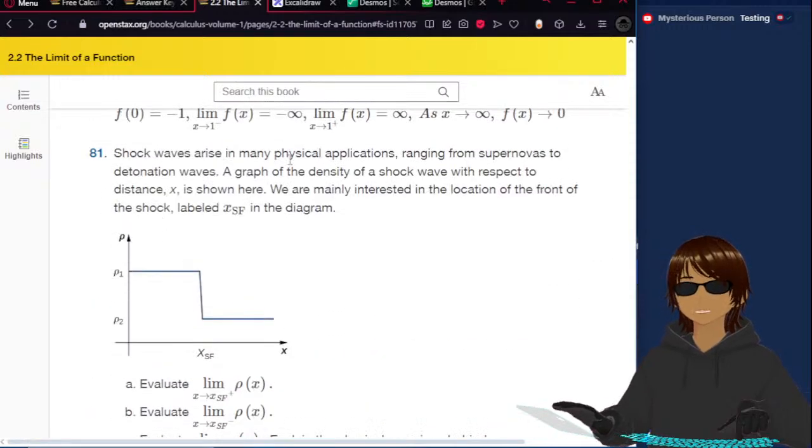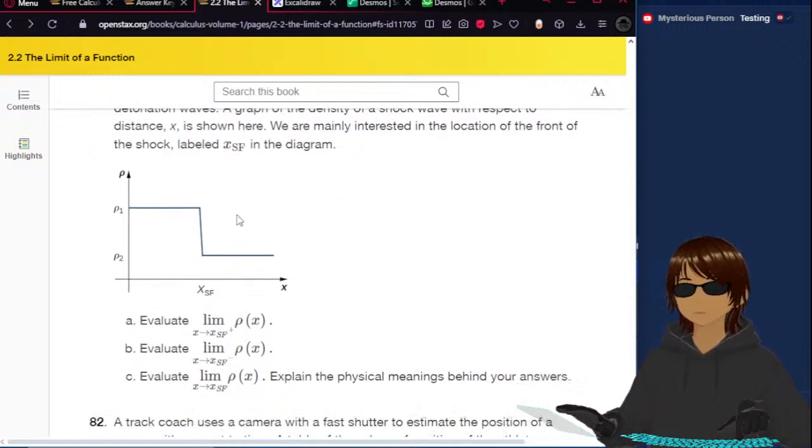Okay, shock waves arise in many physical applications, ranging from supernovas to detonation waves. A graph of density of a shock wave with respect to distance x is shown here. We are mainly interested in the location of the front of the shock. Label it x SF in the diagram.